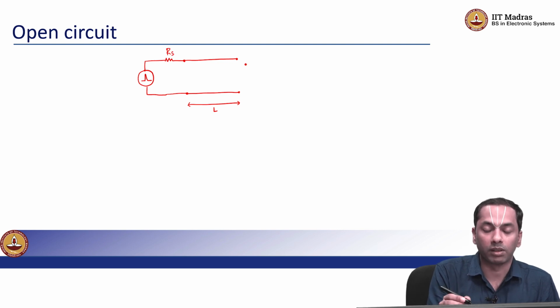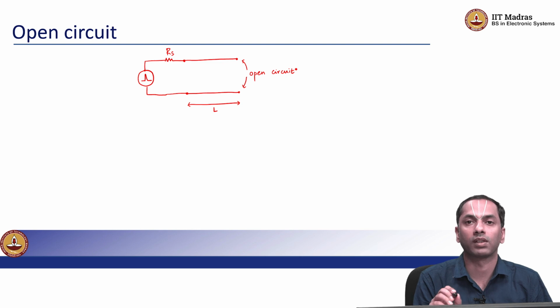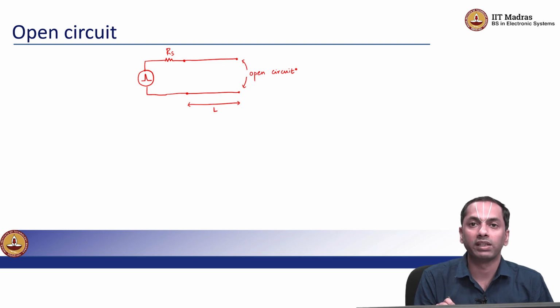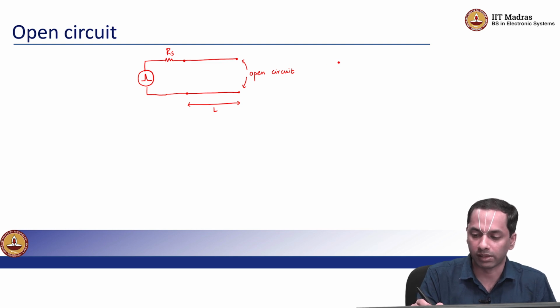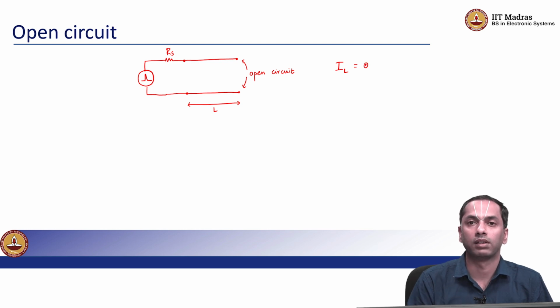Now, I have launched a pulse at time t equals 0, and on this side I basically have an open circuit. All right. So, one thing that you can say about an open circuit is there can be no flow of current, right. So, essentially I at the load is 0, right.